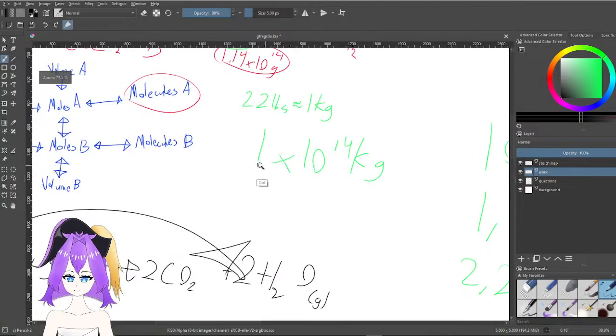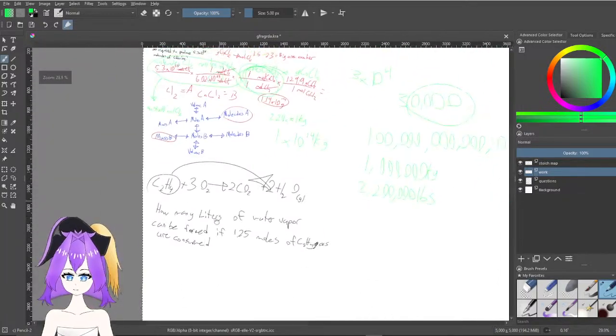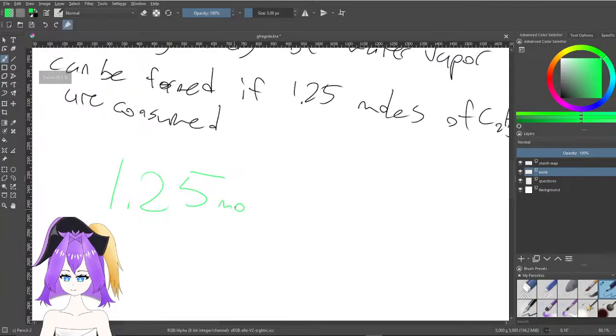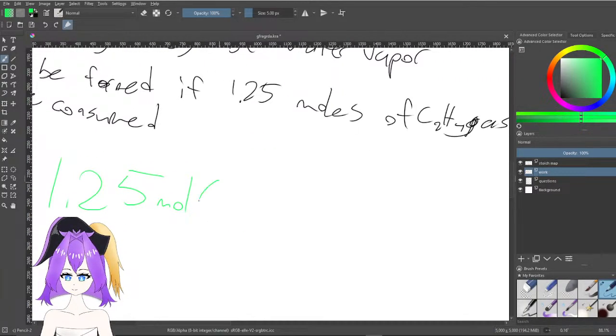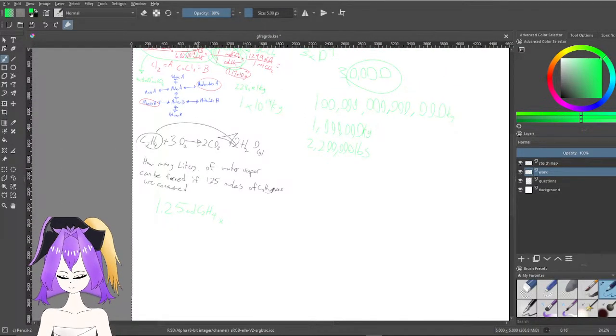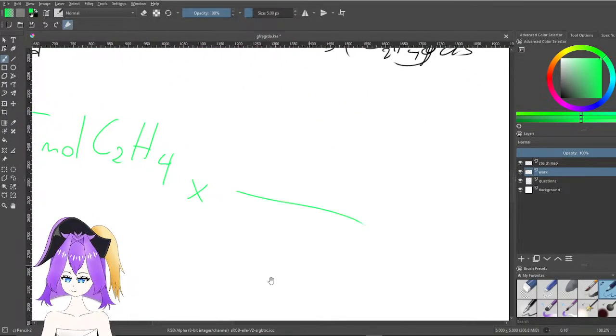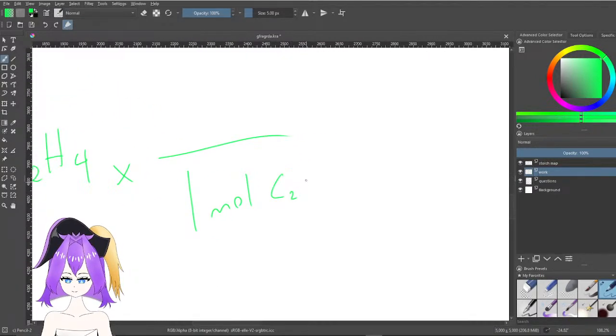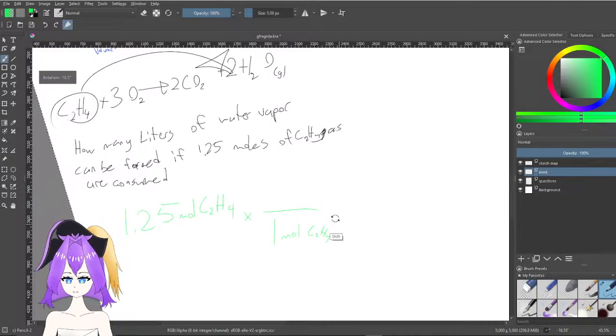Go back to work. Boom, boom. Okay. So we have 1.25 moles of C2H4. And the mole ratio is just 1 mole C2H4.